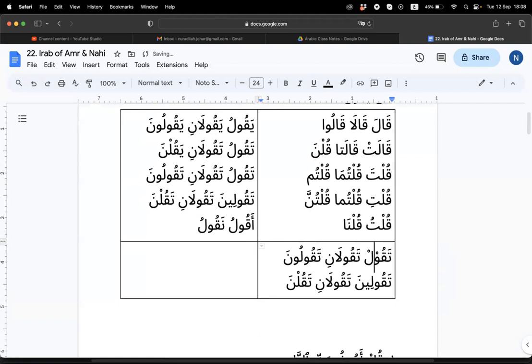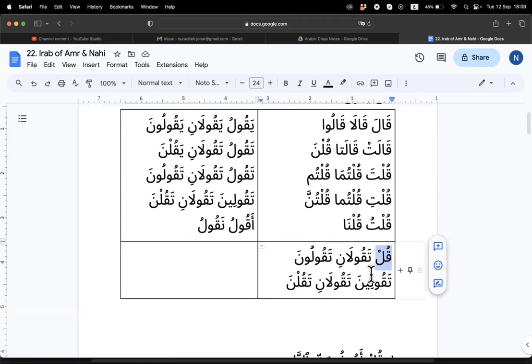So what do we do? Delete the waw. Good. And then what happens after that to make it command? Last step. Remove the ta. So you get kul. This is where it comes from. From takulu becomes kul. So this is amr anta.